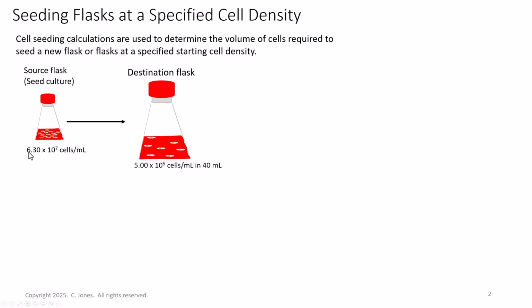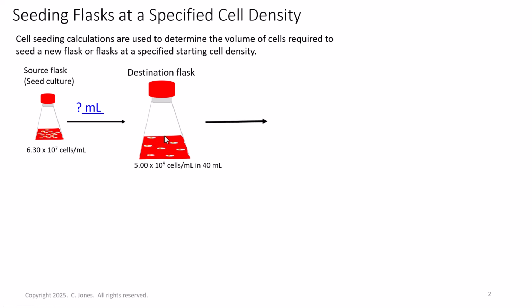The source flask is at a concentration of 6.30 times 10 to the 7th cells per mil, and our destination flask, we want to seed at 5.00 times 10 to the 5th cells per mil. And I've also indicated that we want this to happen in a final volume of 40 mils. So what we're trying to calculate here is how many mils of cells do we need to take out of the source flask and put into the destination flask to achieve this concentration.